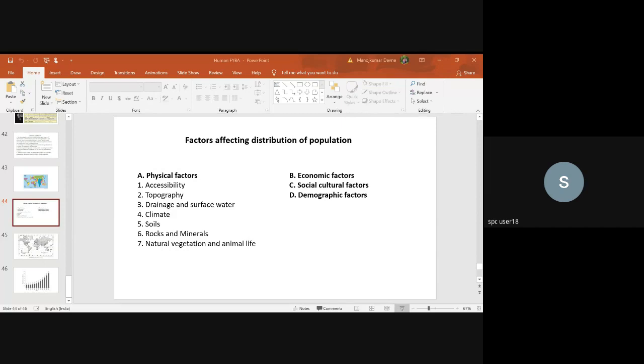Then, coming back to government policies, you'll see that the Indian government did not actually look into the growing population, I would say. I'm going to speak about the population policies of India at a later time, when I speak about the growth of Indian population.